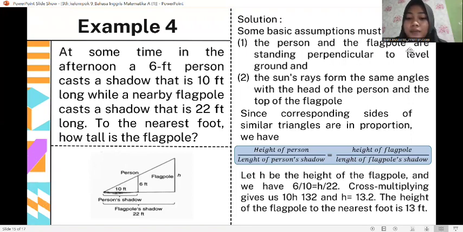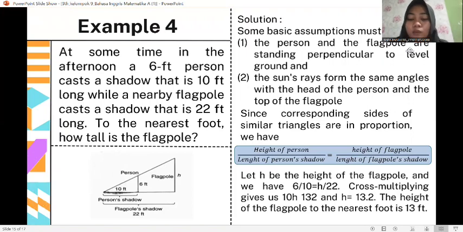Let H be the height of the flagpole, and we have 6 divided by 10 equals H divided by 22. Cross multiplying gives us 10H equals 132.